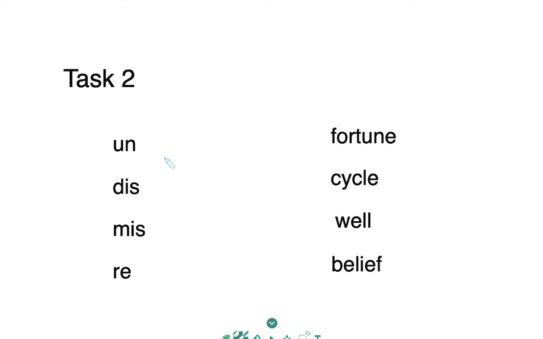We know that unwell matches. That means that you're not well. If someone's unwell, it means that they're ill, or they've got a cold or something. So you say, oh, my friend's unwell. That makes sense. Let's look at the next one, the prefix dis.